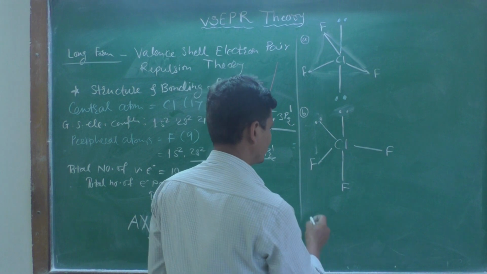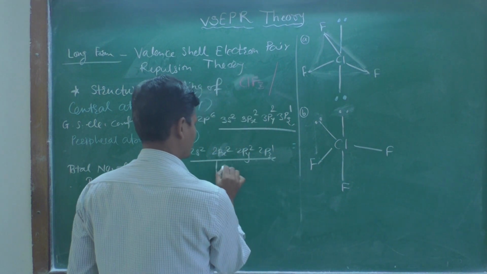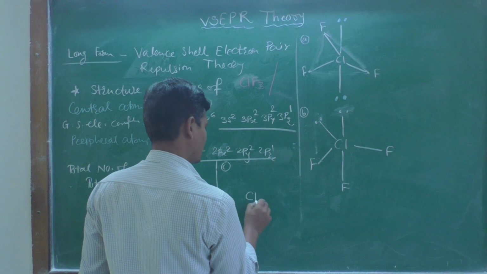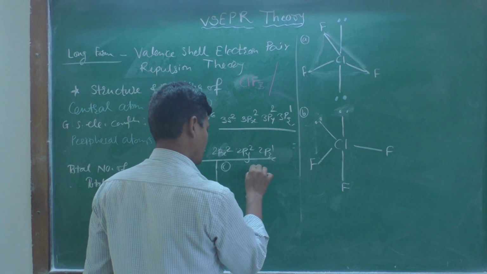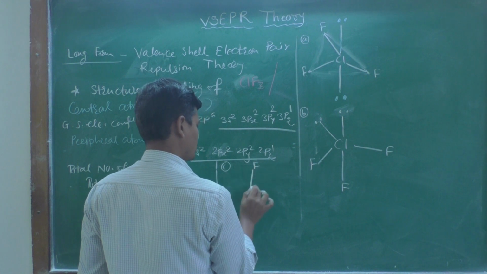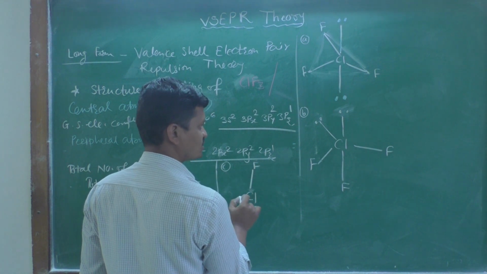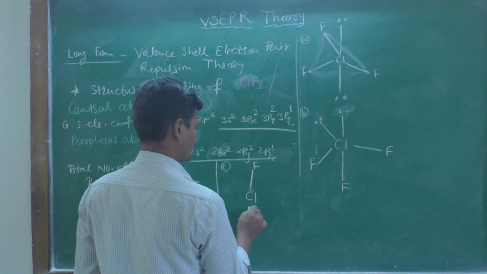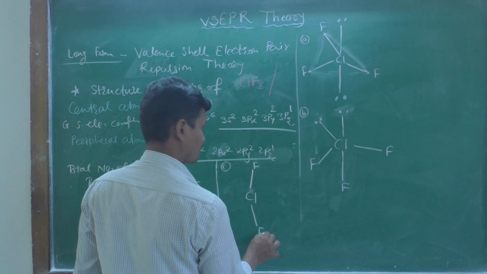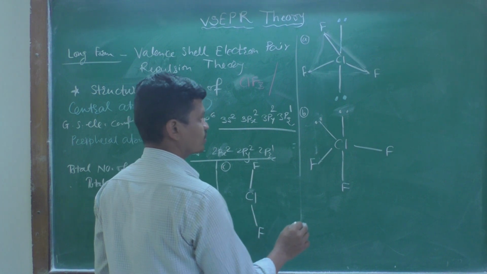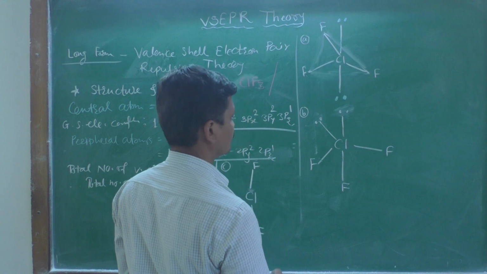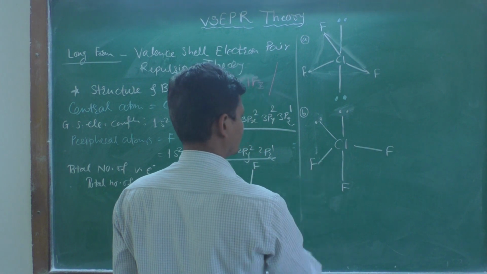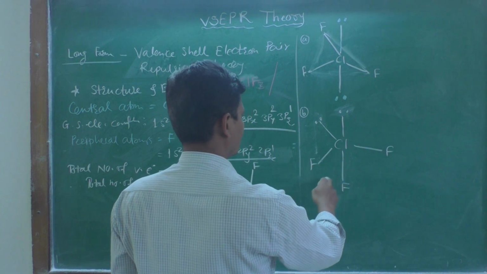And the third possibility is that I am drawing a structure where this is the central chlorine atom, with two fluorine atoms. This is the second case, and the third one is equatorial axial.